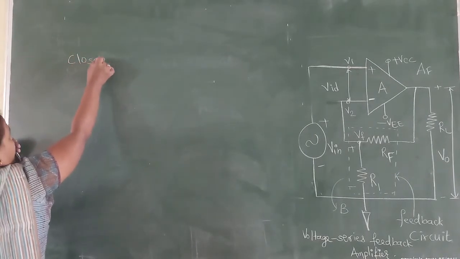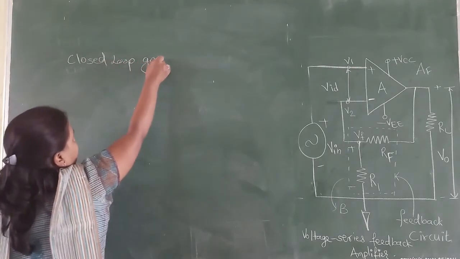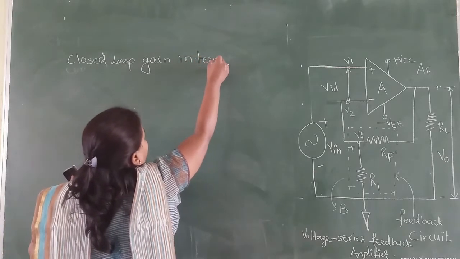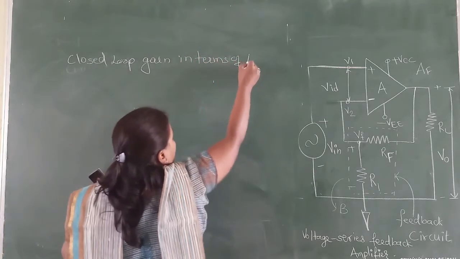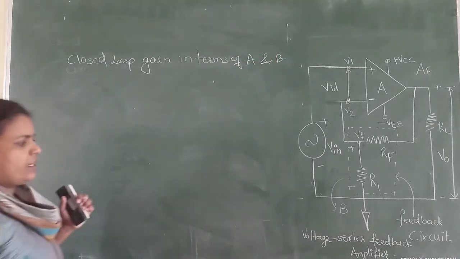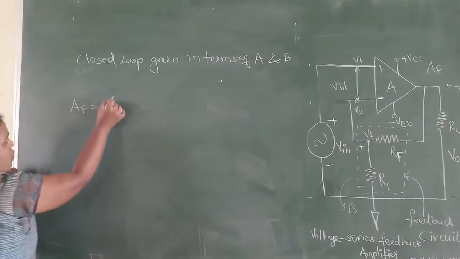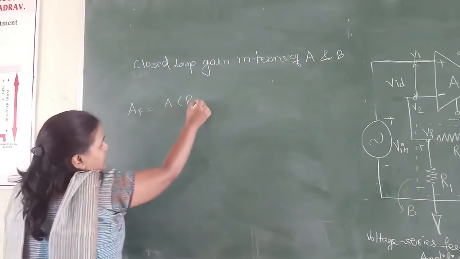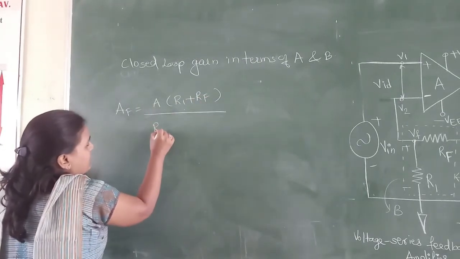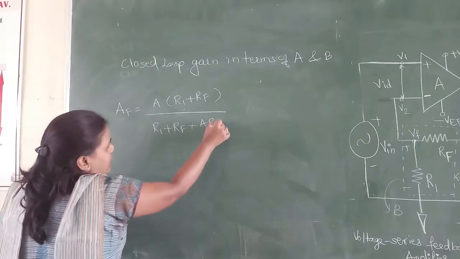Closed loop gain in terms of open loop gain A and B. In the previous derivation we got AF is equal to A into bracket R1 plus Rf divided by R1 plus Rf plus AR1.